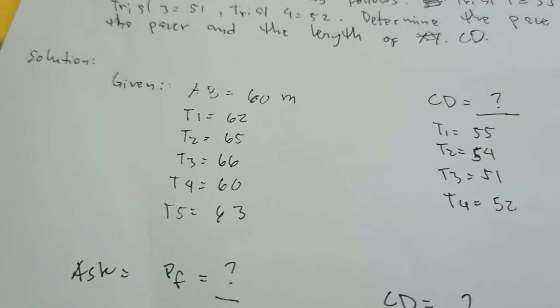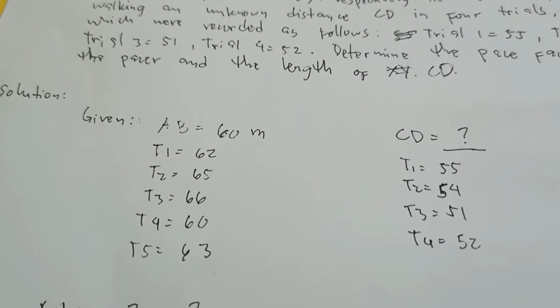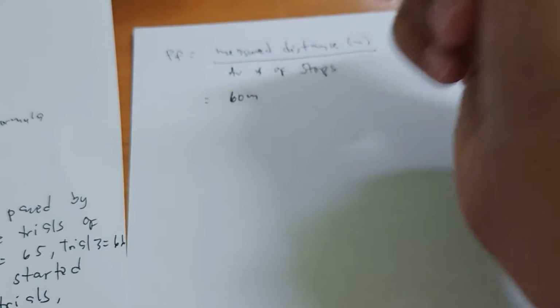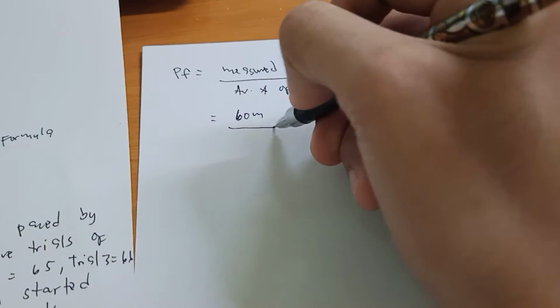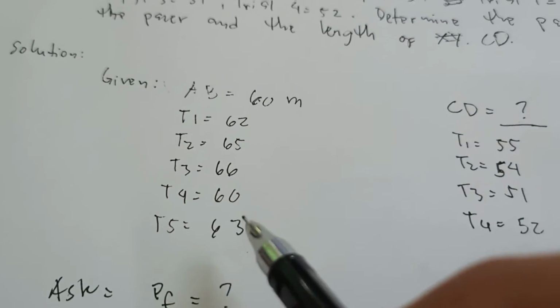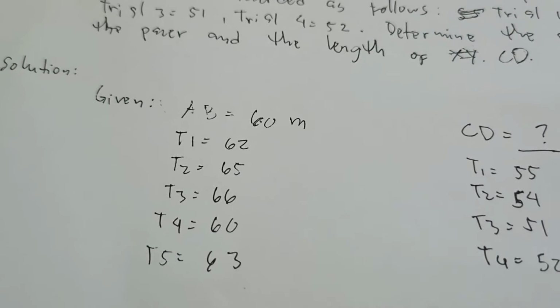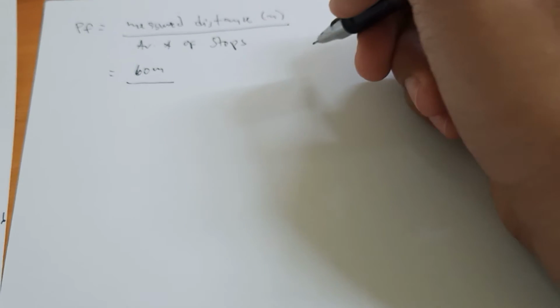So we have here the given, that is 60 meters. 60 meters over average number of steps. So you need to get first the average for this one.